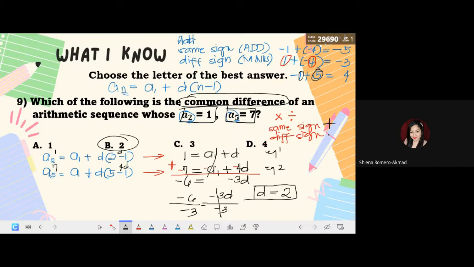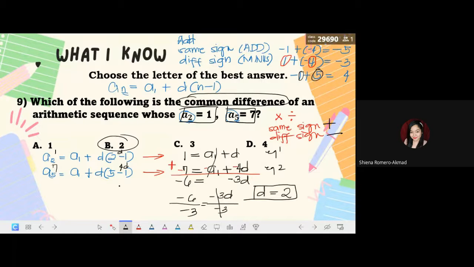Pag different sign, negative agad ang sagot. Okay, syempre, i-divide mo sila at i-multiply pa. Kaya nga dito, as you can see, it becomes positive because they have the same sign. So, para yung quick review ng mga lesson nyo ng grade 7.